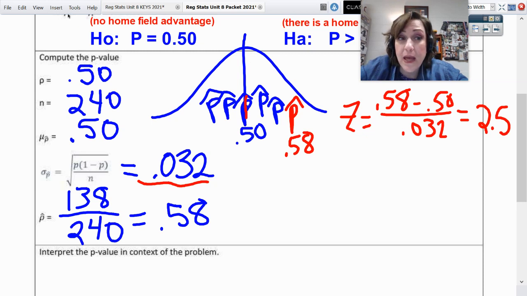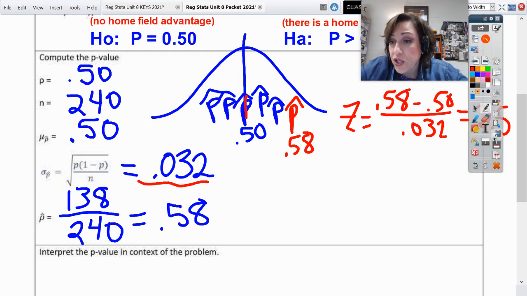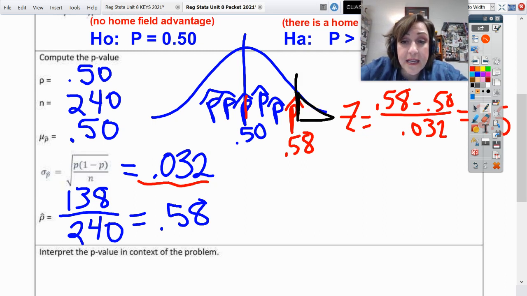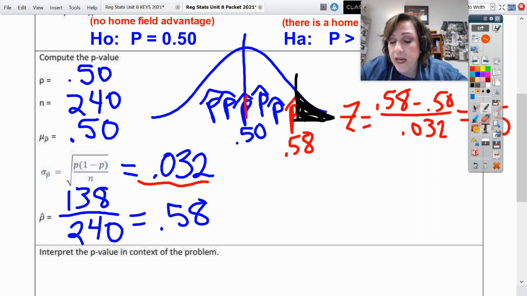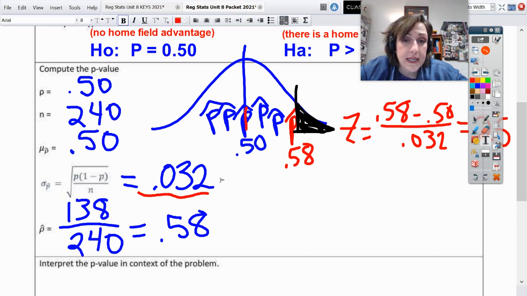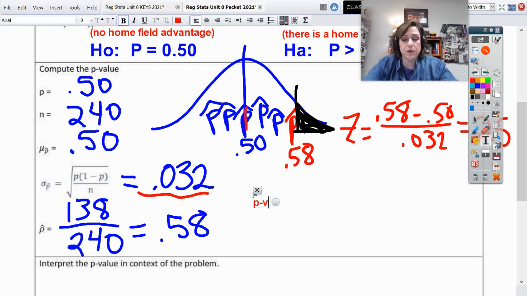So let's compute that p-value. Actually, I'm going to draw that p-value on here. The p-value is the probability of getting this sample or something more extreme. In this case, more extreme is going up. So when I compute that p-value, it is the normal CDF from 2.5 to 99.